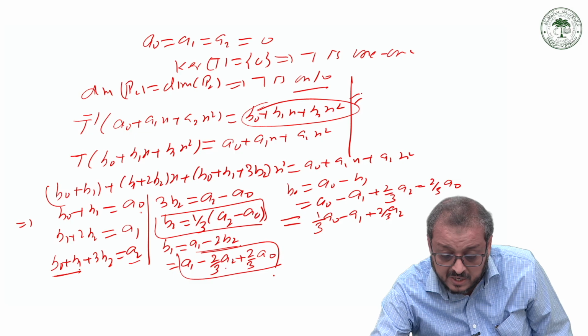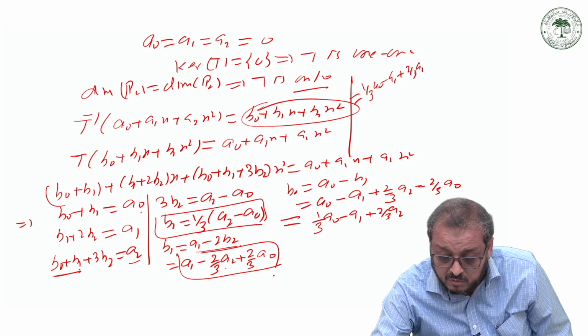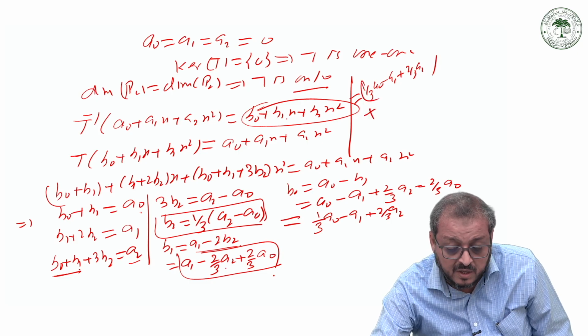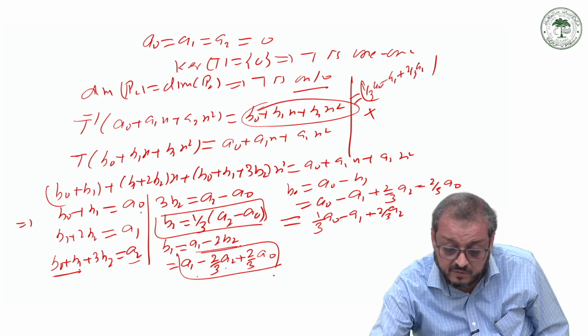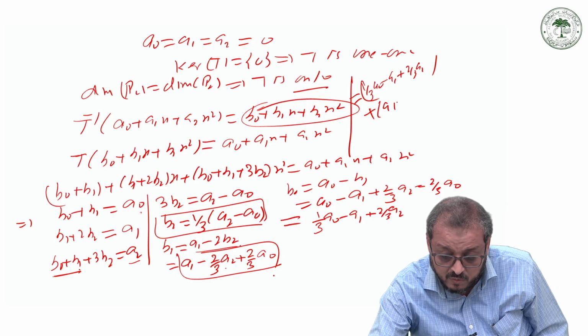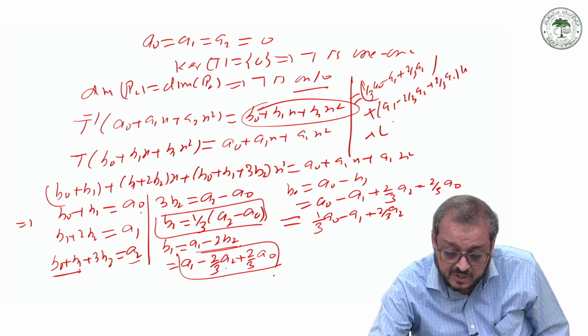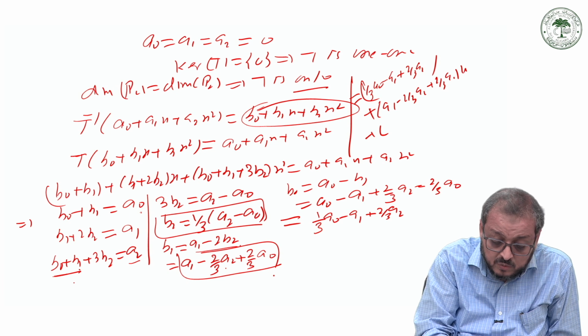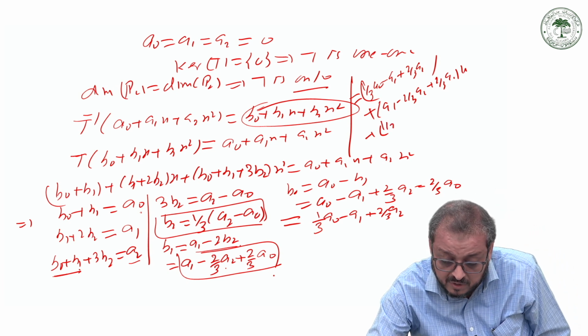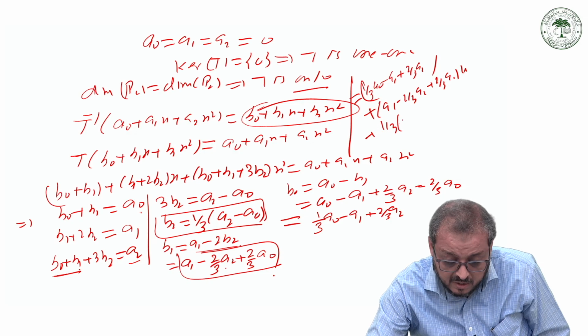b naught is equal to 1 by 3 a naught minus a1 plus 2 by 3 a2. Then plus b1 x, where b1 is equal to a1 minus 2 by 3 a2 plus 2 by 3 a naught, times x, and then plus b2, which is simply 1 by 3 a2 minus a naught, times x square.